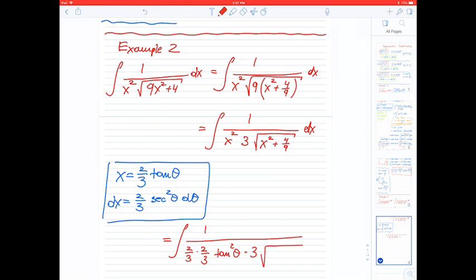And we also have the square root, and this will be 4 over 9 tangent square theta plus 4 over 9, because that was x. And dx is 2/3 secant square theta d theta.